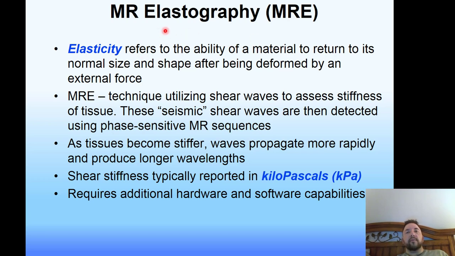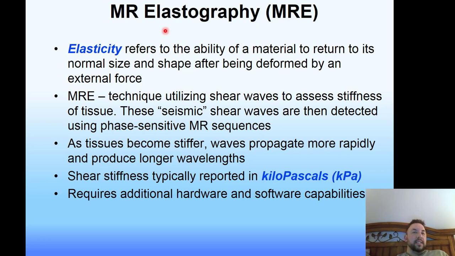Elasticity refers to the ability of a material to return to its normal size and shape after being deformed by an external force. This can be literally $100,000 to $140,000 in hardware and peripherals that are used to perform this function in addition to the software.